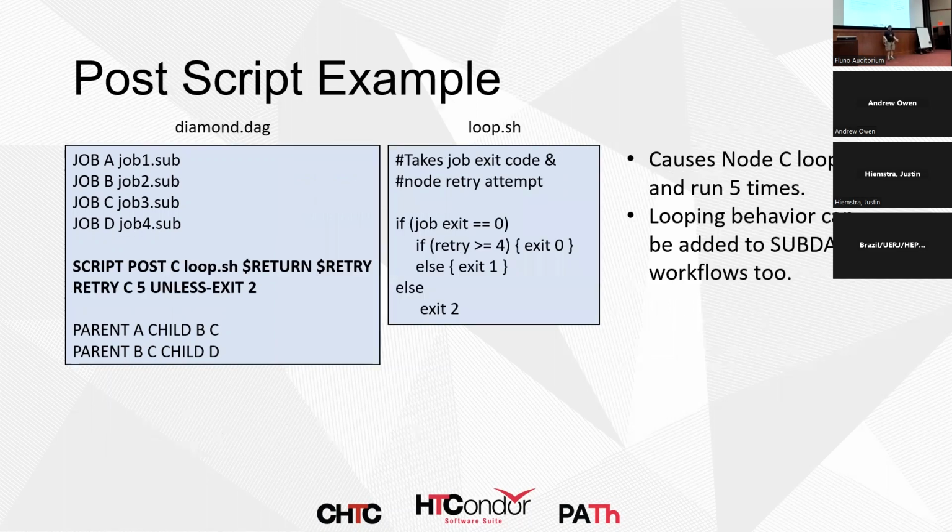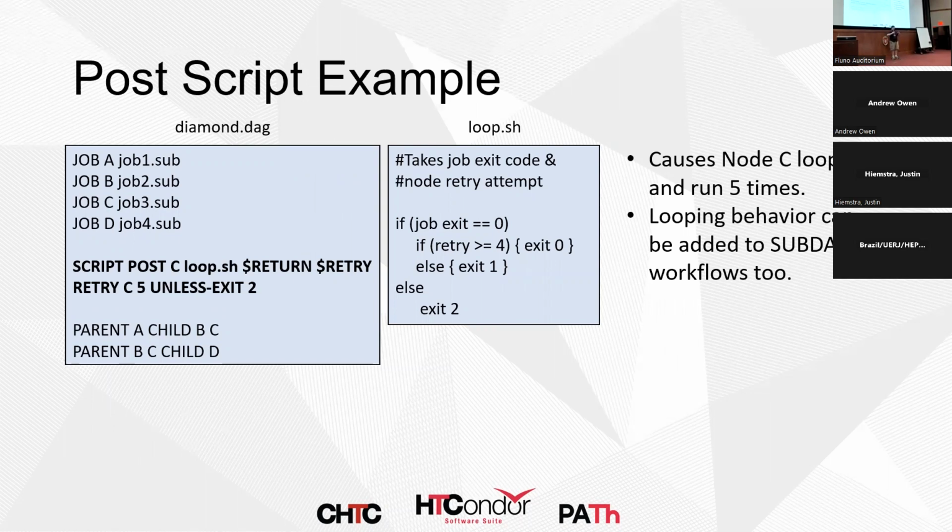On the other end, postscripts. A neat little thing you can do with postscripts is you can create a loop. So in this example I have set up, I have script C as this nice little loop.sh shell script. So if the node succeeds successfully, as long as our retry is below the number of times we want to loop, then we just exit 1.